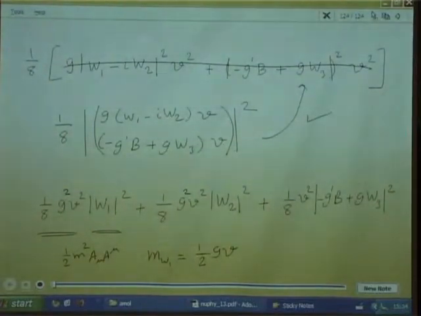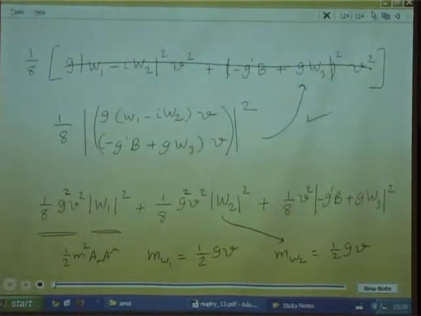So now my W boson W1 has a mass equal to half G. Similarly, my W2 has a mass equal to half G. So two of my gauge bosons now have a mass.